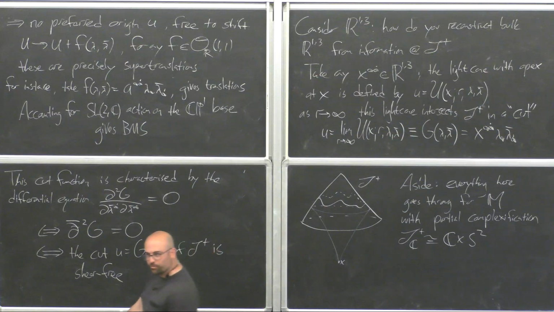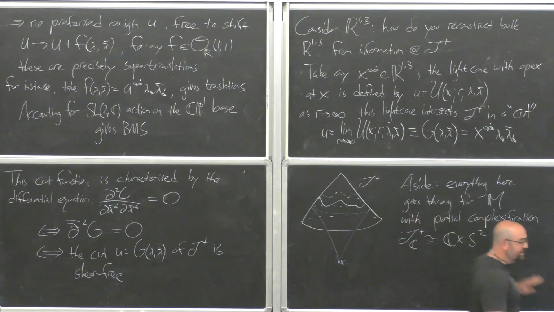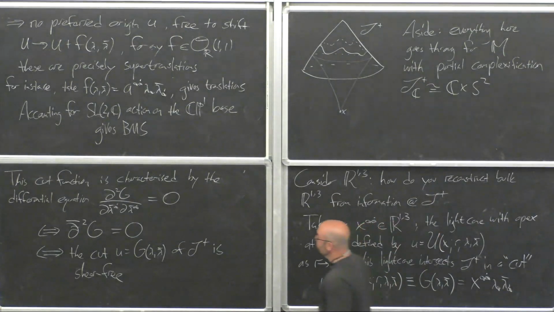So you can get all of complexified Minkowski space here just by complexifying the Bondi time coordinate. You don't need to complexify the S2. You can complexify that as well. It doesn't matter, but okay, so I've told a story that was Lorentzian real, but secretly I've told you a story that was also a complex story. Okay. All right, so now for the last half hour, we'll actually do some twistor theory.